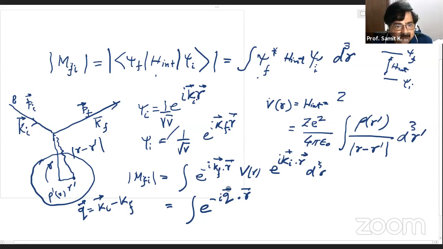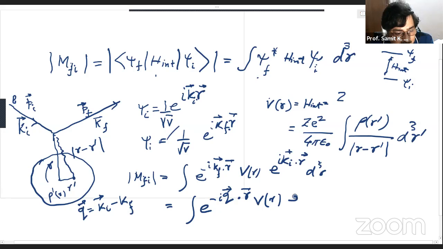So this is my q dot r, then V(r), then d^3r. So this is your matrix element. Now you have to insert those values here.